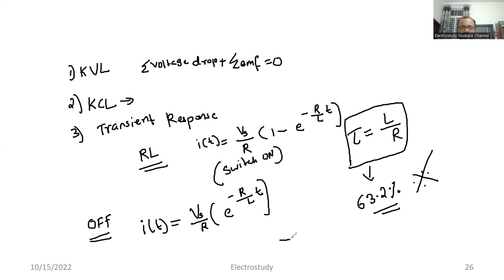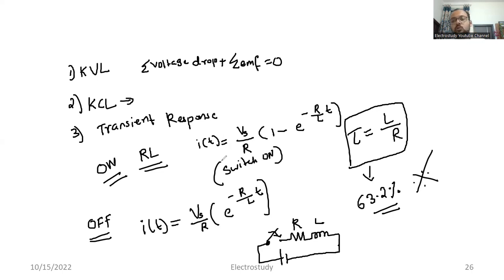So this is the simple behavior of an RL circuit connected to a DC supply. I have explained the two conditions, on condition and off condition. What is going to happen to the current? In case of an inductor, we need to concentrate on the changes in current, the current through the inductor.